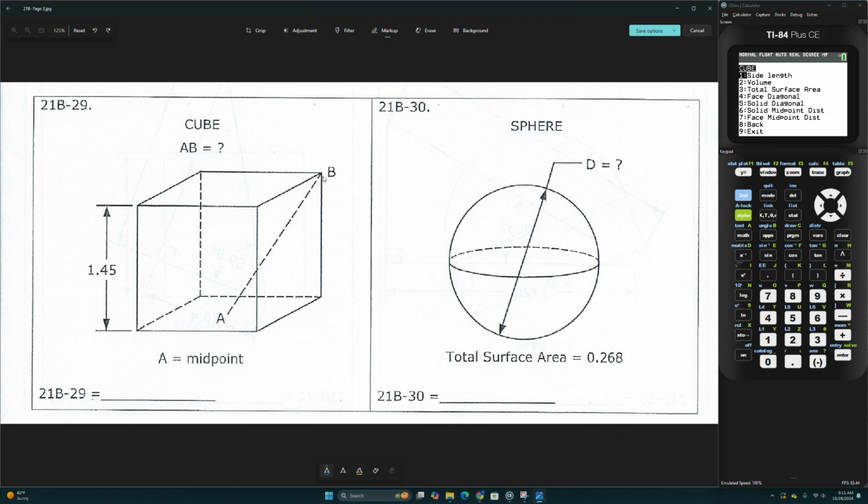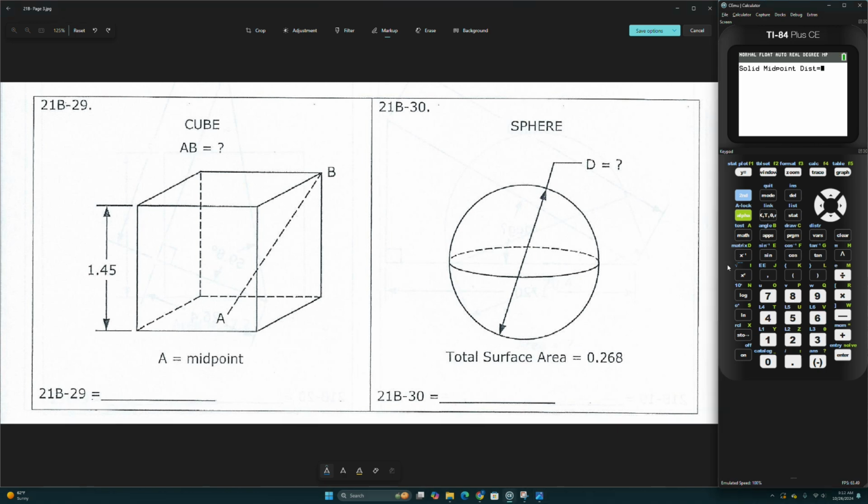And then the face midpoint distance: if it goes from B all the way to the corner, that's the solid. That's the face diagonal. But this is the face midpoint distance, and that's half of S. Okay, I just wanted to explain that to you. Solid midpoint distance is what we're going to use.